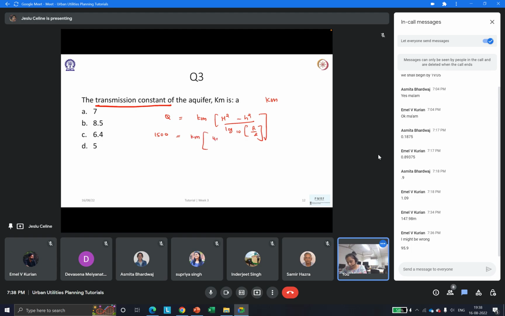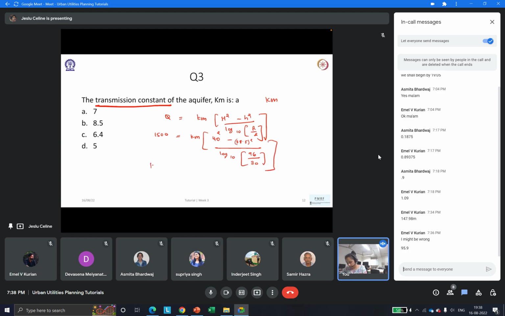Now we have 40 square minus, we can take any case. So here I'm taking the first case which is given. So 38.5 the whole square divided by log of, here instead of r, I'm writing 96 itself because we have already got that answer, divided by 30. Right.